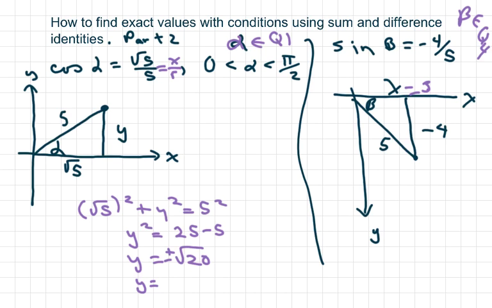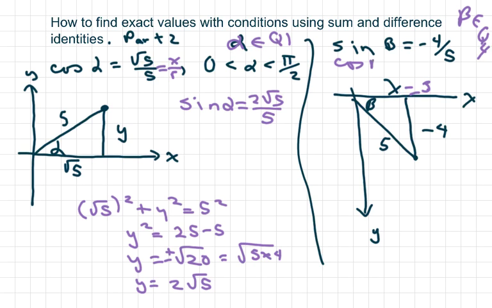This is 5 times 4. Square root of 4 is 2, so we get 2 square root of 5. So our sine of alpha is going to be 2 square root of 5 over 5, and our cosine of beta is going to be 3/5. Now that you have that information, let's write everything down.